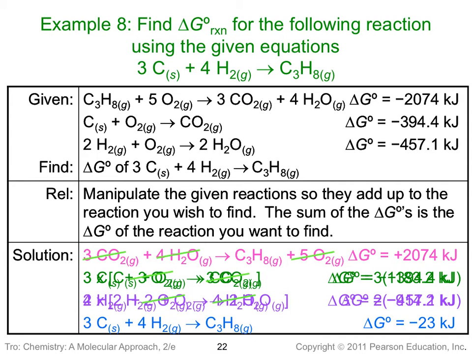And so you have to change them to get things to cancel out. You have to reverse that first one because C3H8 is actually the product you're looking for. Once you reverse that, you can look at the other ones and see where they fit into this. And what you can get out is this delta G of minus 23.